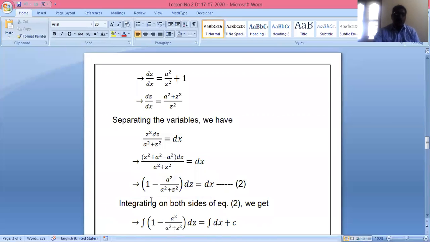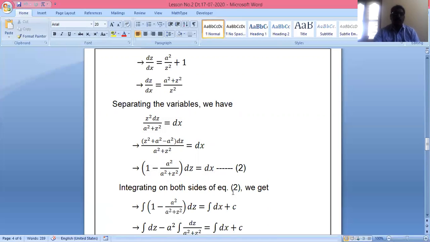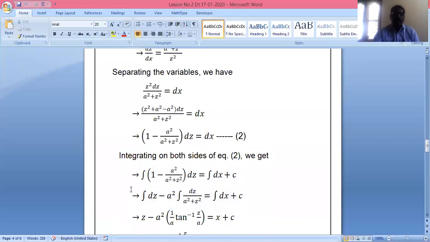That implies (1 − a²/(a² + z²)) dz = dx. Let this be equation 2. Integrating on both sides of equation 2, we get ∫(1 − a²/(a² + z²)) dz = ∫dx + c.